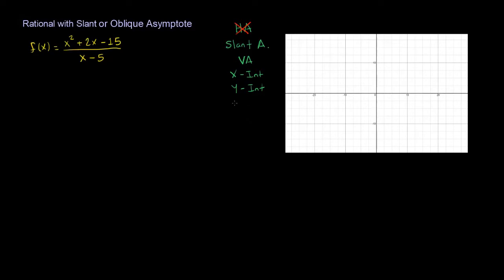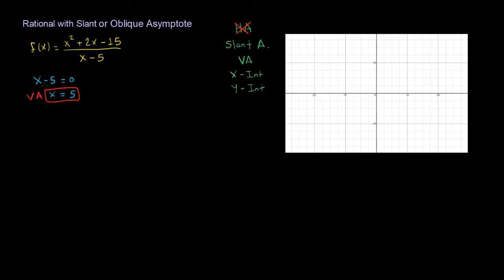Now I'm going to start with the one I think is the simplest, which is the vertical asymptote. In order to find the vertical asymptote, you have to pick what's in the denominator and set it equal to 0, so x minus 5 equals 0. In other words, the vertical asymptote will be at x equals 5. So I'm going to mark it, frame it in here.